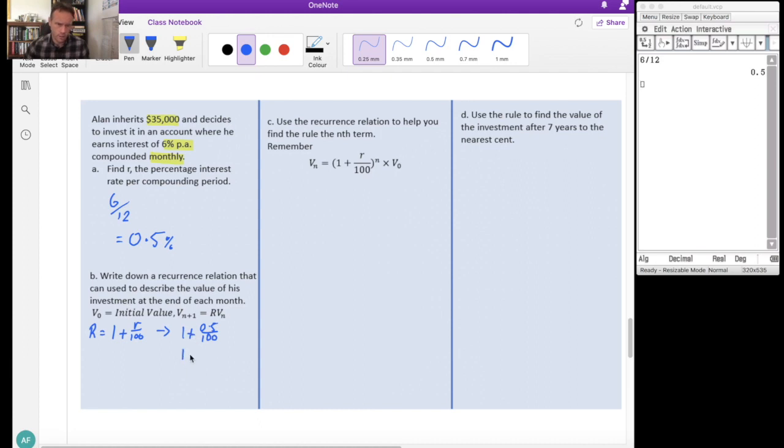So then I go 1 plus, move our decimal point a few spots, so we've got 0.005. So Alan's R value is 1.005.